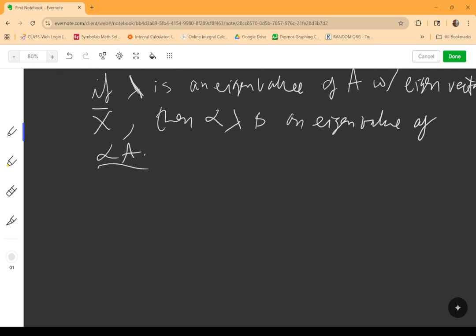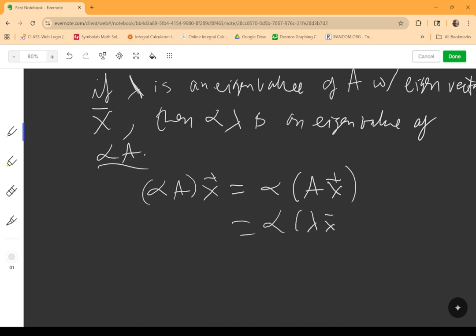Now we can see this. If we have alpha A times x, a non-zero vector, that's the same as, if I associate these differently, alpha times Ax. But I know lambda is an eigenvalue of A, so this can be rewritten as alpha lambda x.